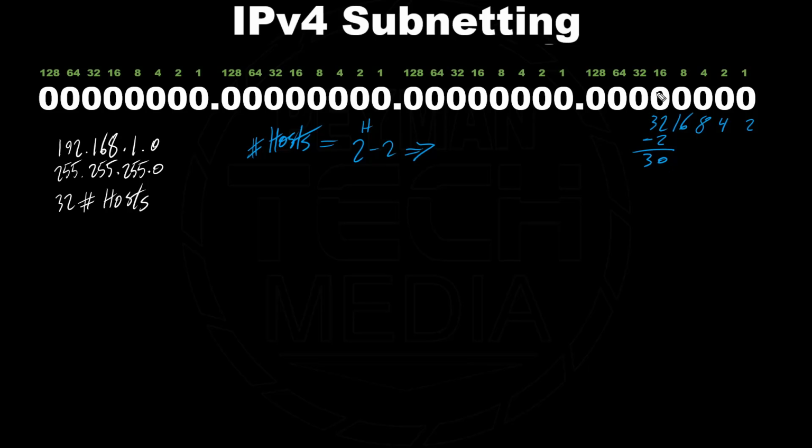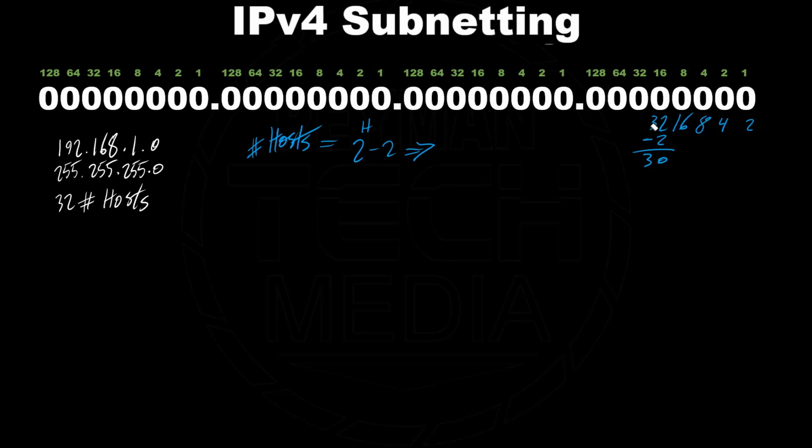So we cannot stop on this bit. We have to continue one more. These are tricky questions that one should make sure to know: when we talk about available IP addresses, we have to do the -2, one address for the network address and one for the broadcast address. Therefore, 32 is not enough.